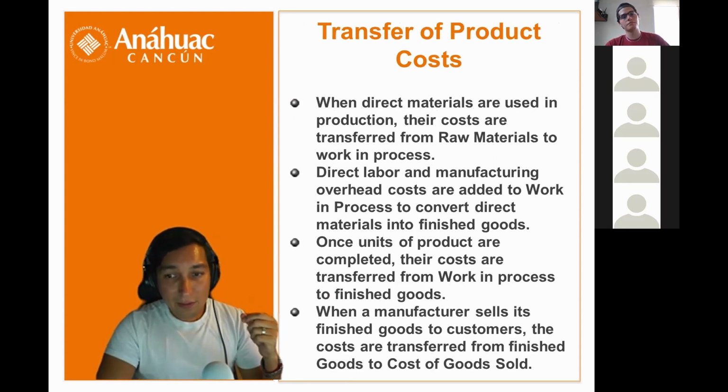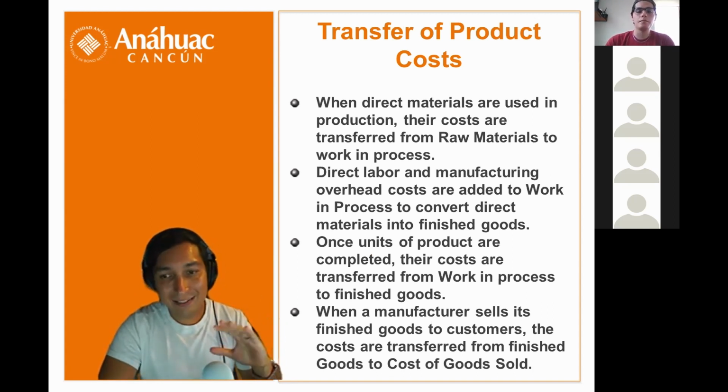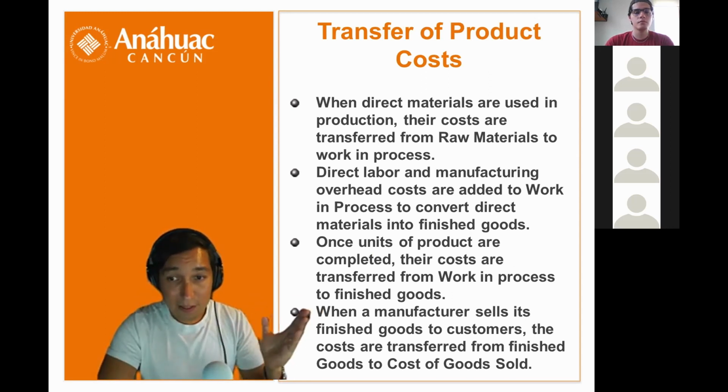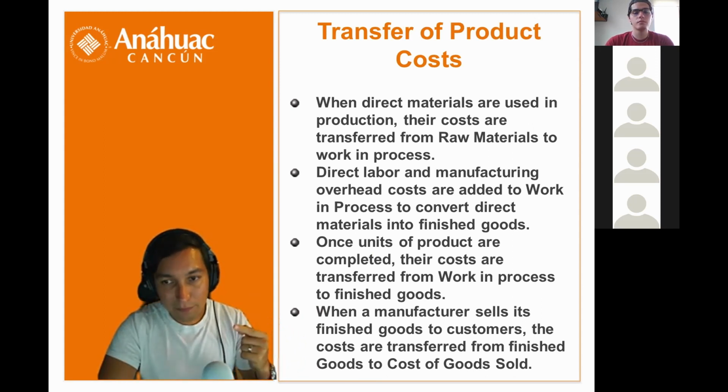So what happens in the transfer of product costs? When direct materials are used in production, those costs get transferred from raw materials into WIP. And then direct labor and MO are added into the WIP. That's what we have to do to those materials to convert them, and those are our conversion costs, direct labor and MO.